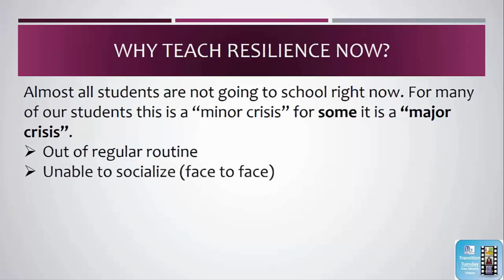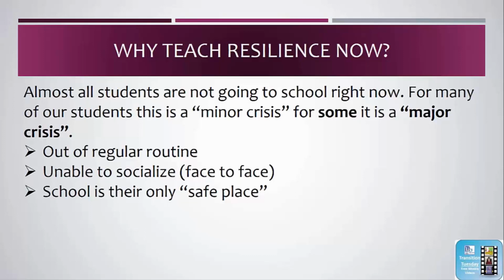Another reason is students are unable to socialize face-to-face. As most adults know, the major focus for teens is to be able to socialize with their peers. This next reason is a really tough one to think about. For some students, school is their only safe place.